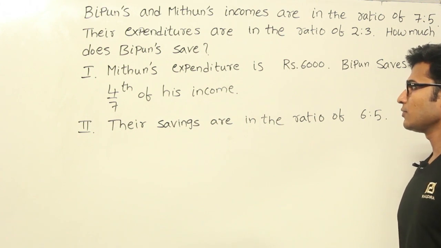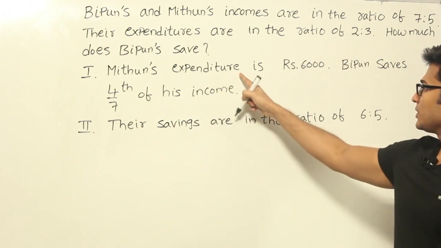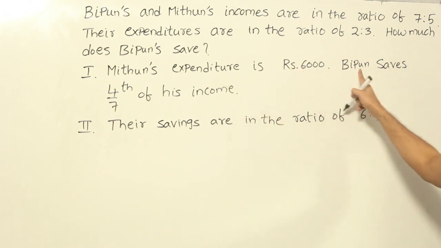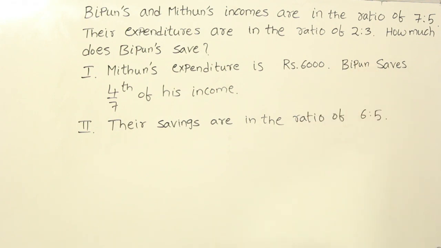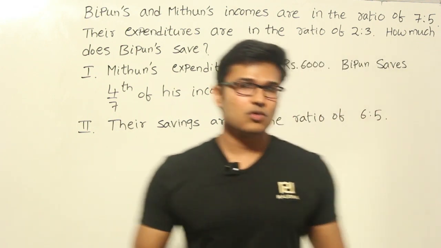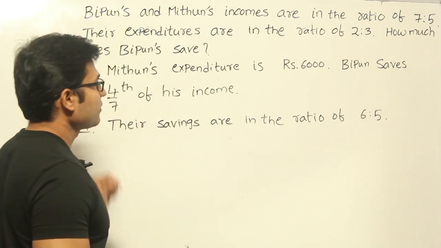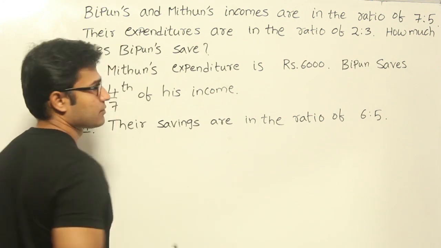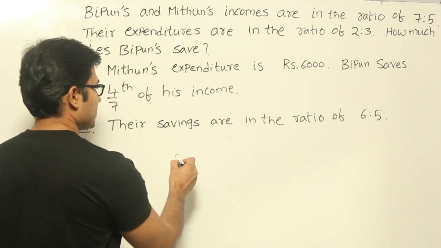Now the information given in the first statement is Mithun's expenditure is rupees 6,000 and Bipin saves 4/7 of his income. So to start with, we can assume that Bipin's income is X. Let's assume Bipin's income is X, right?